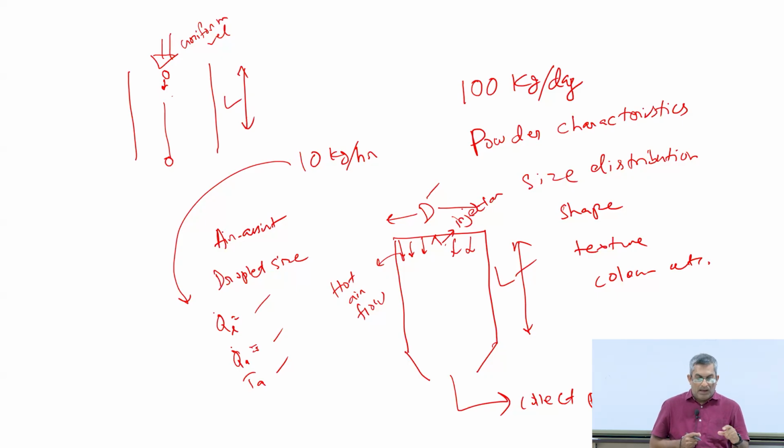Okay, now when you have an injector, you cannot assume that the droplets would always be axial. They may have some radial velocity also when you inject it. So it is possible that a droplet which is injected here comes and hits the wall here and sticks to the wall. So you need to know how far it can travel before it evaporates.